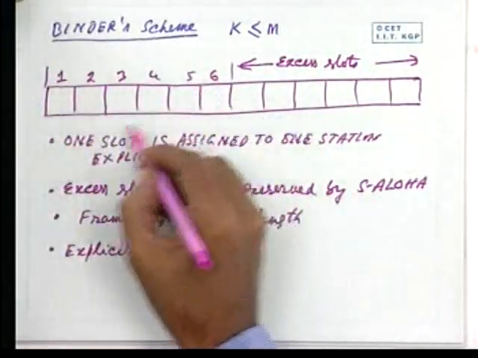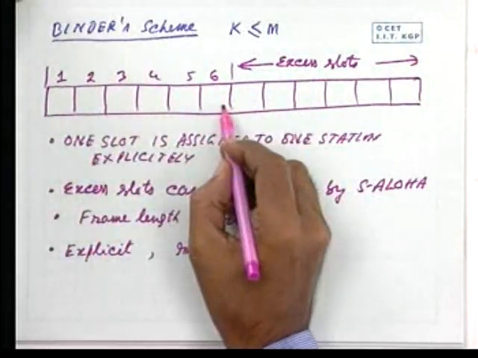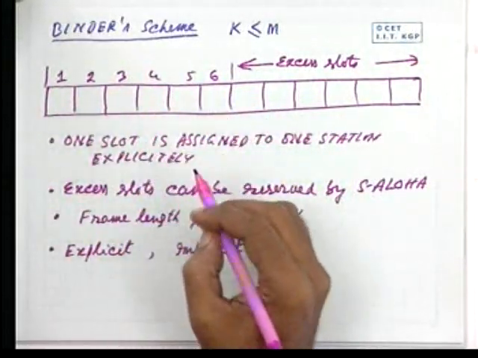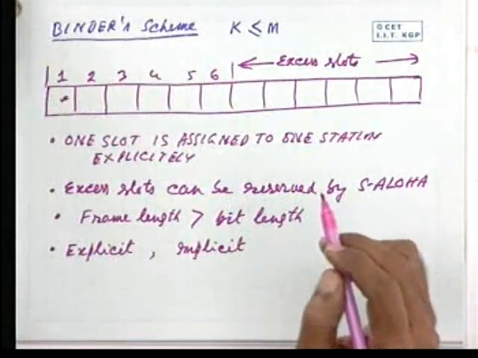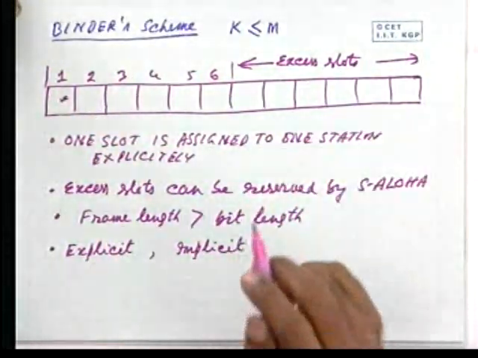So even those slots which are reserved for the stations can be used by other stations whenever those slots go empty. However, when that particular station 1 wants to again get back, it simply sends a frame in that slot.